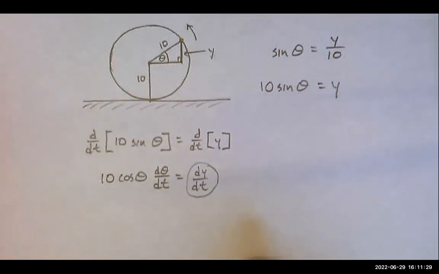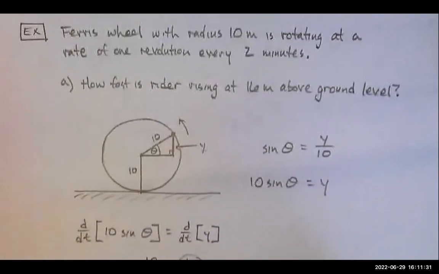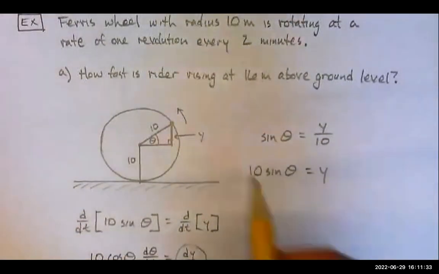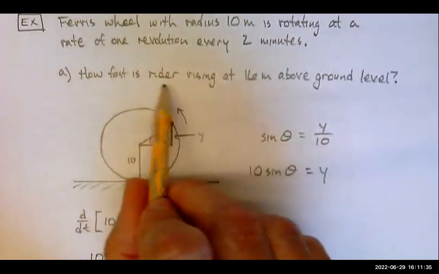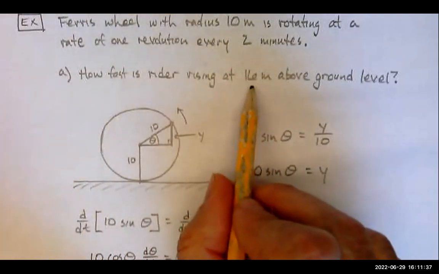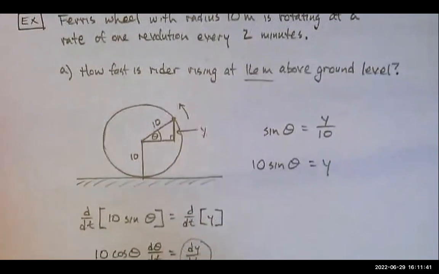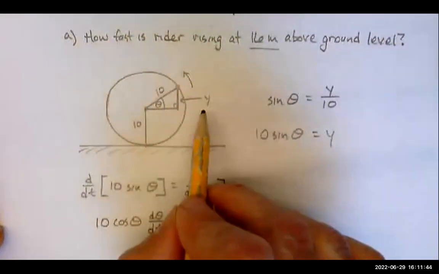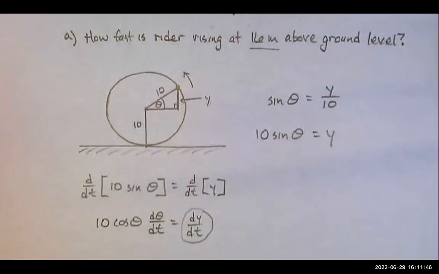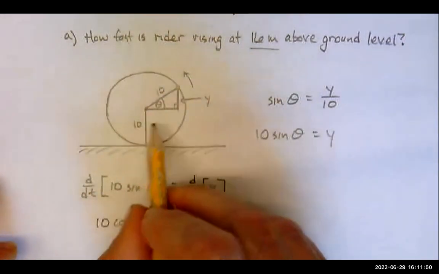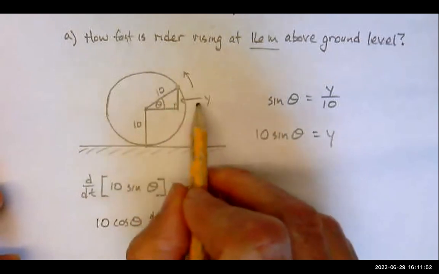Let's think about this. What moment are we looking at? It says, how fast are they rising when they're 16 meters above the ground? Well, when they're 16 meters above the ground, what does y equal? Let's start with that. The way that we've drawn it, just that little part is y.